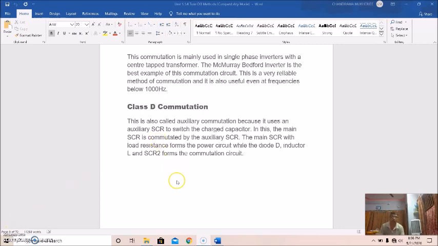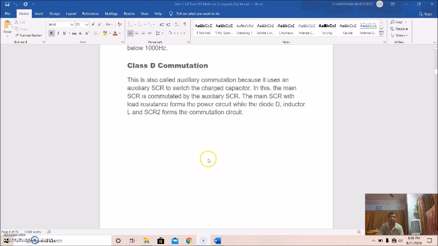This commutation is also called auxiliary commutation because here we use an auxiliary SCR to switch the charged capacitor. So the main SCR is commutated by the auxiliary SCR. The main SCR with load resistance forms the power circuit, while the diode, inductor L, and the auxiliary thyristor form the commutation circuit.